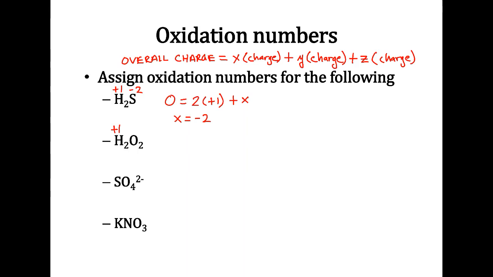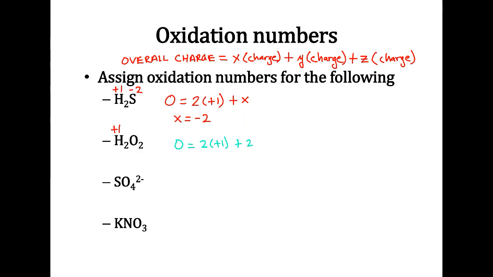And we know that oxygen is typically -2, but if we put -2 here as the oxidation number, well, if we set up our equation, we'd have 2 times hydrogen, which is +1, plus 2 oxygens times its oxidation number of -2. This does not equal 0. So what that means is oxygen must have a different oxidation number. So let's go ahead and try to solve for that.